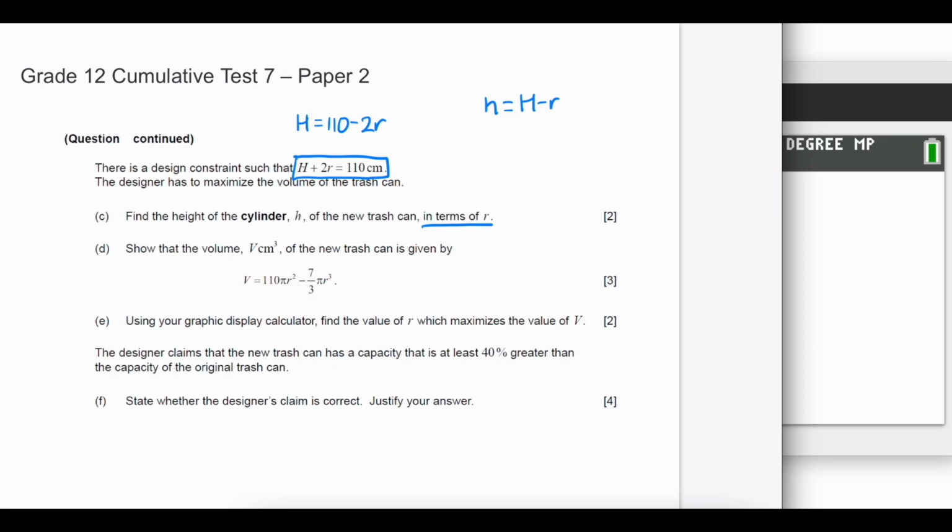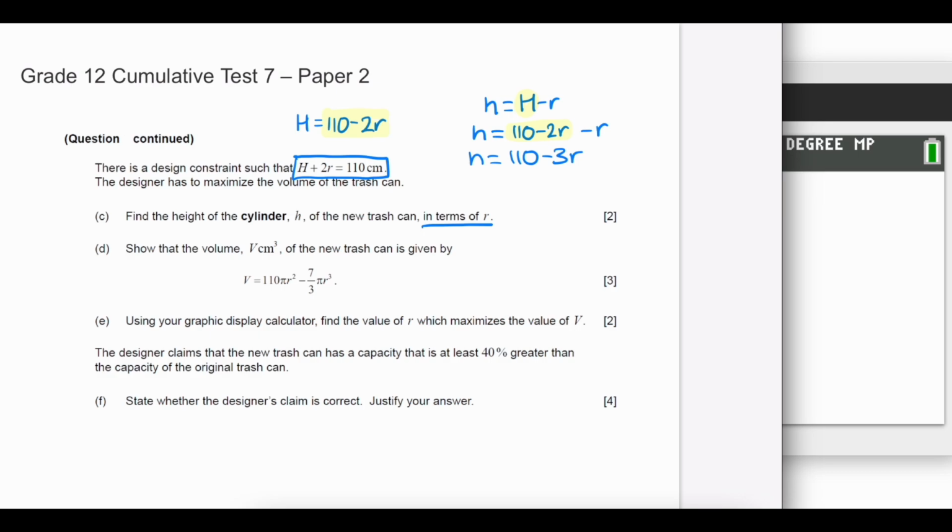I can now replace capital H with this, so h is equal to 110 minus 2r, and then minus r. I can tidy that up and collect the like terms, so it's just 110 minus 3r. That's the answer for the height of the cylinder in terms of the r value for that new trash can.